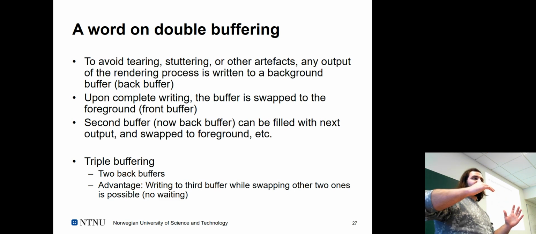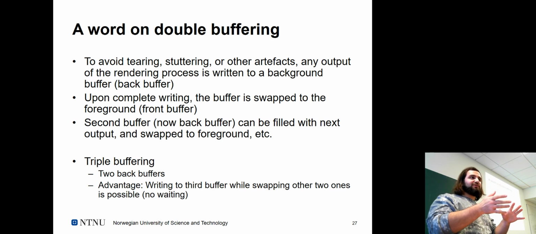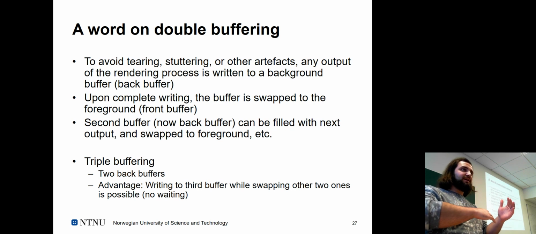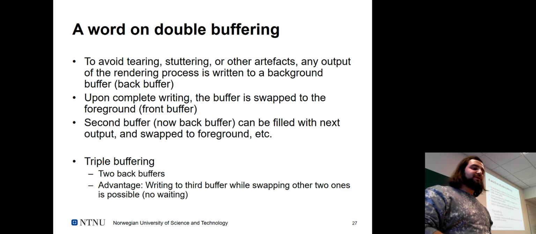While one frame is presented, the new rendered frame is written into this background buffer, and as soon as it's ready, it's flipped. However, this has another advantage. It gives us the possibility to control the frame rate, so we can decide when to swap, and we can control the frame rate according to our needs.